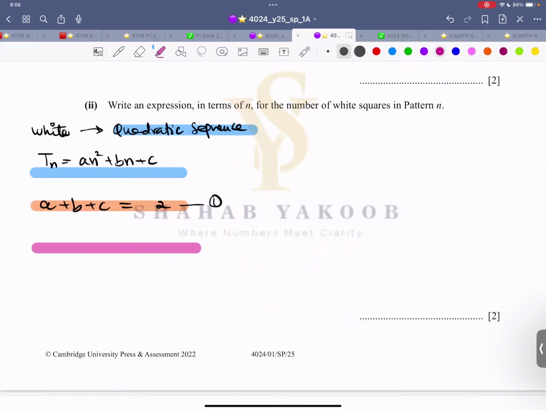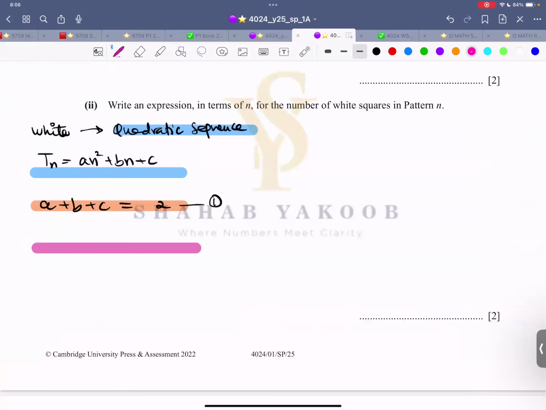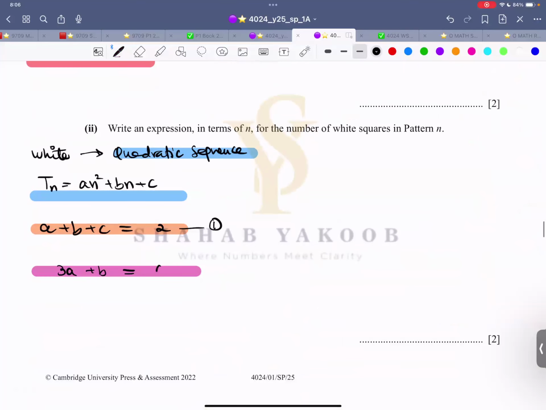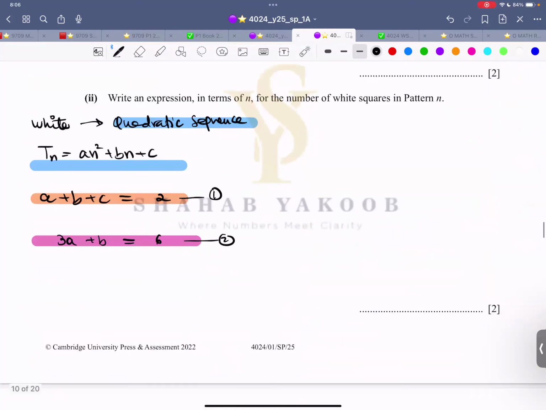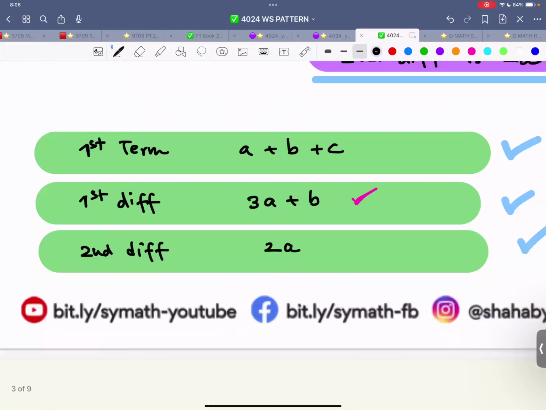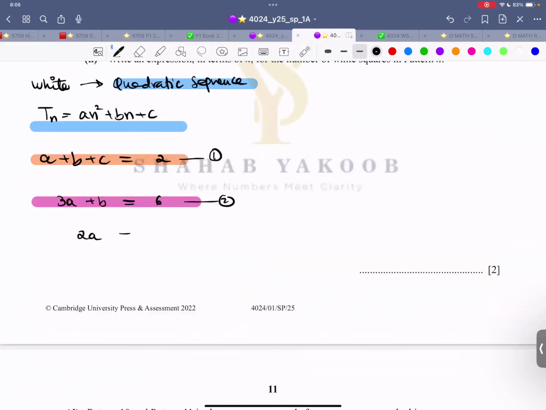So 3a plus b equals to 6. That is equation number 2. And last but not the least, we have the third thing, which is this. That means the second difference is constant. That is 4. What is the formula for second difference? 2a. So therefore, 2a equals to 4. And that is equation 3.